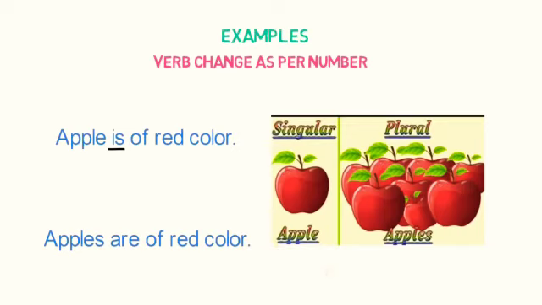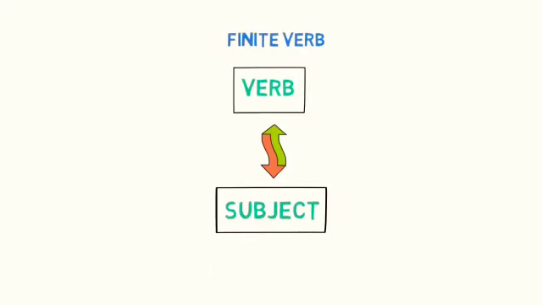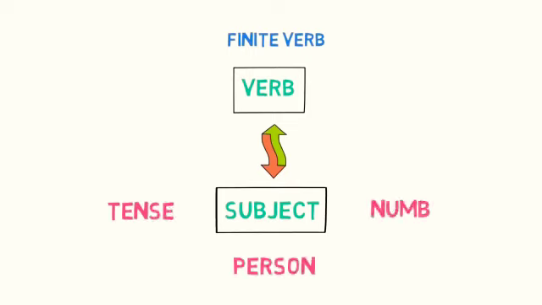Apples are of red color. The subject apples is in plural form. Here the verb is are. You can see here that the verb is changed to are as the subject changed from singular to plural. Now we are clear. A finite verb changes as per tense, person and number.